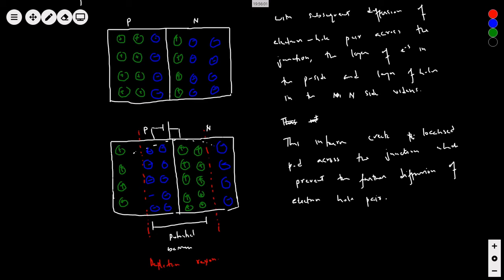This potential difference is called the potential barrier.